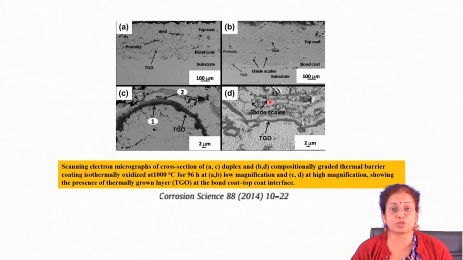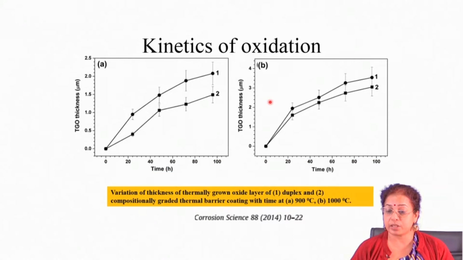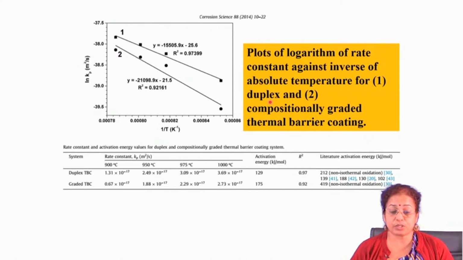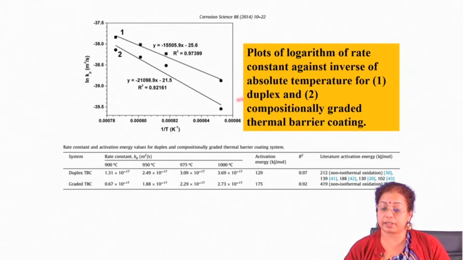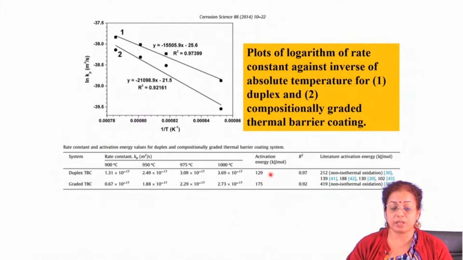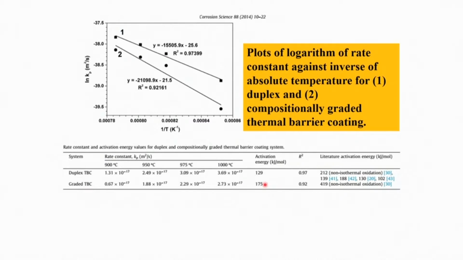because they hinder the transportation of oxidation, or act as a barrier for oxygen transport, and as a result the overall kinetics of oxidation is lowered in the graded coating as compared to the duplex coating. Now, if you see the activation energy for oxidation in the case of duplex coating and graded coating, you will find that it is in fact much higher for the graded coating.